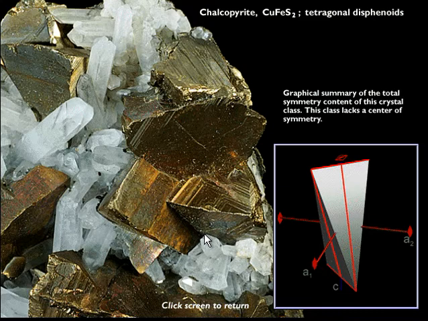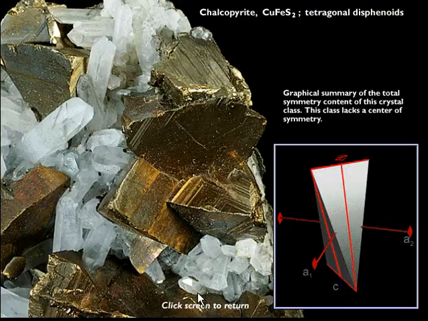So the graphical summary of the total symmetry contained in this crystal class. This class lacks a center of symmetry. Then we have here a fourfold axis, and here a mirror plane, and here you have a mirror plane. And now we are checking how it will look.